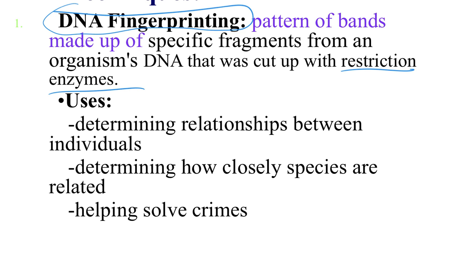Then you break that DNA up with restriction enzyme into fragments, and then you can spread those fragments out, and they make a pattern, and you can compare that pattern to suspects' patterns. So it can help police, forensic scientists solve crimes.